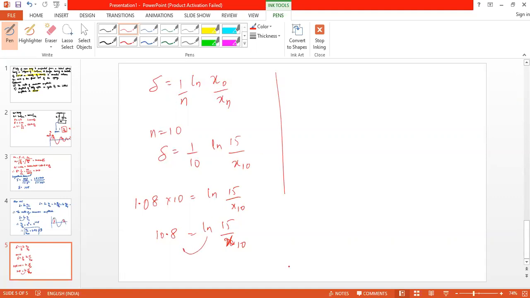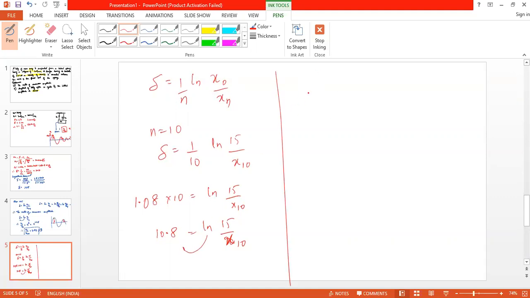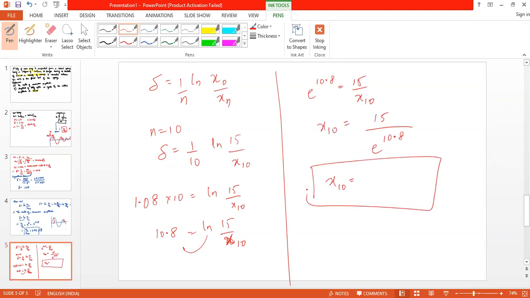I can remove this ln, that is natural log. It will become e power 10.8 equals 15 by x10, or x10 is 15 by e power 10.8. So what is the answer? 2.94 into 10 power minus 4.